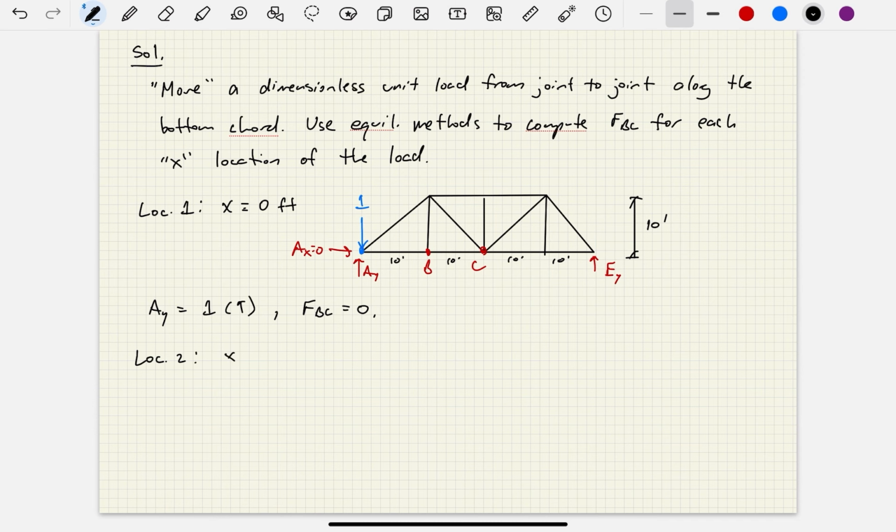Here X is equal to 10 feet. Again, I'm going to redraw the entire truss just so I can visualize what's going on. There's the truss, outer framing.